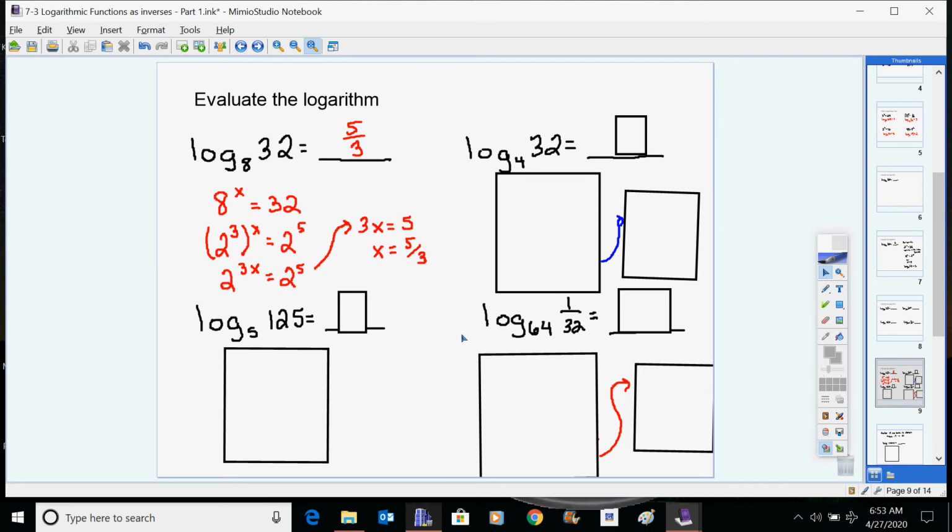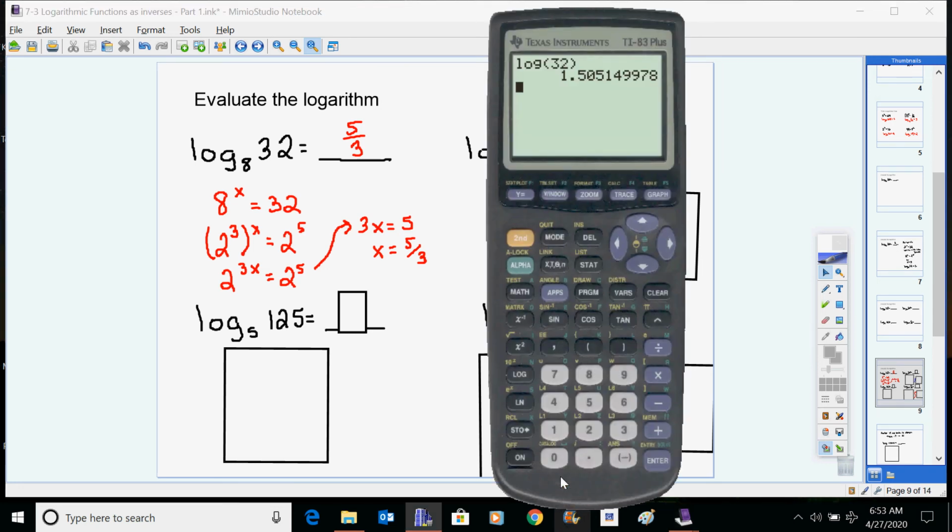You could check that with your knowledge of index and exponent, or you could use your calculator to check it with your caret button. So here's the one trick that you can use for your caret button.